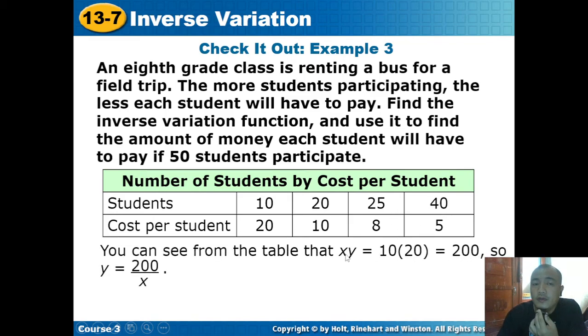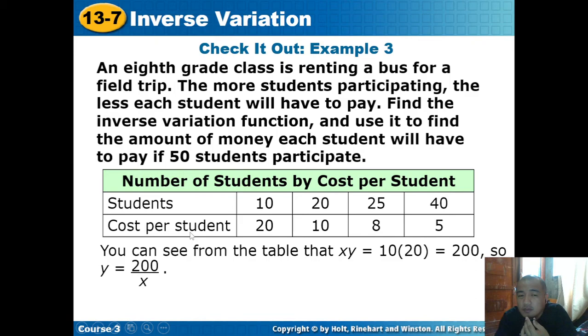200 is the constant of variation, and therefore the equation of variation is y equals k over x, or y equals 200 over x. Now the question is, find the amount of money each student will have to pay if 50 students participate.